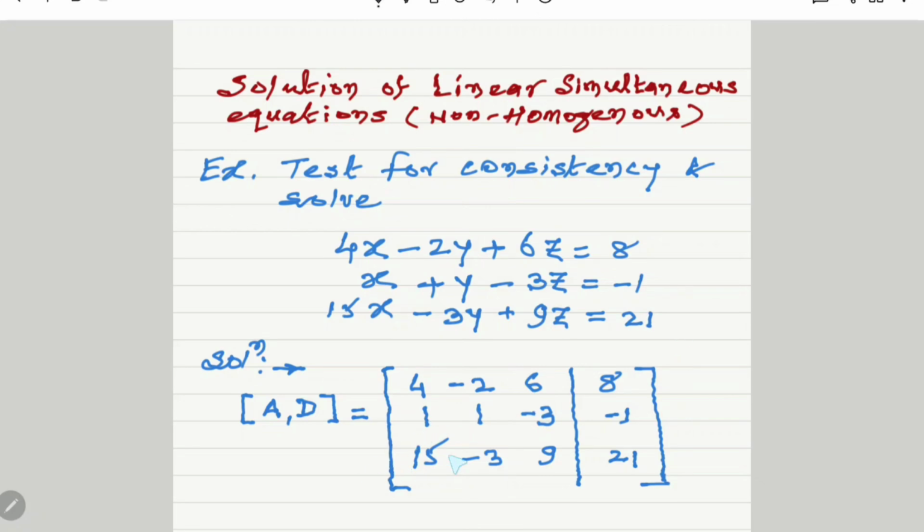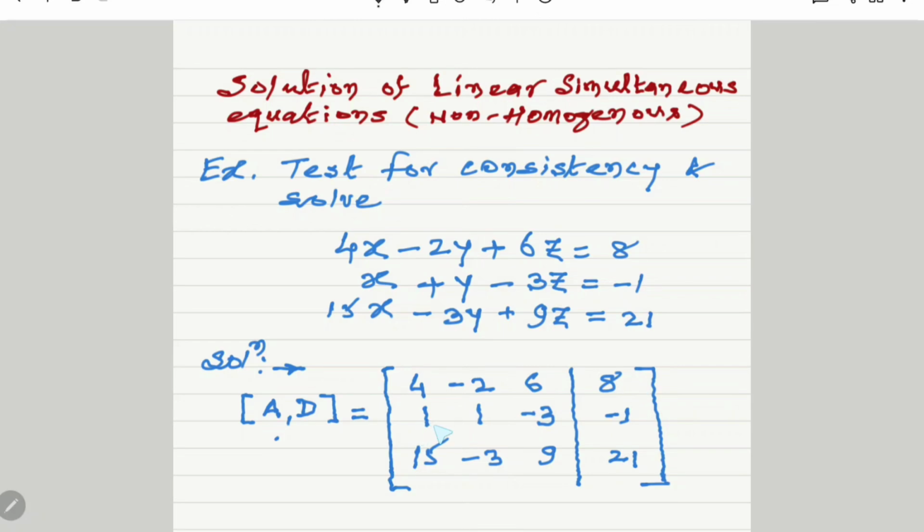Then to solve it, we have to take a combination of matrix A and matrix D. A is the coefficient of these equations or unknowns. Therefore, first equation we have 4, minus 2, 6 and equals 8.